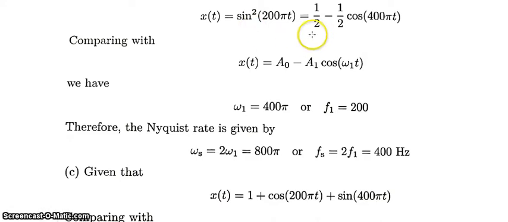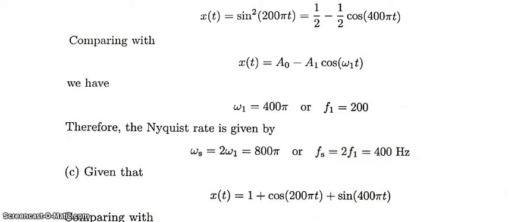So when we express it in that form, we get 1/2 − 1/2 cos(400πt). Now x(t) is of the form a constant minus a constant times cos(ω1 t), and we are interested in this ω1. On comparing, ω1 is 400π, or f1 = 200. Therefore the Nyquist rate ωs = 2ω1 = 800π, or fs = 2f1 = 400 hertz.